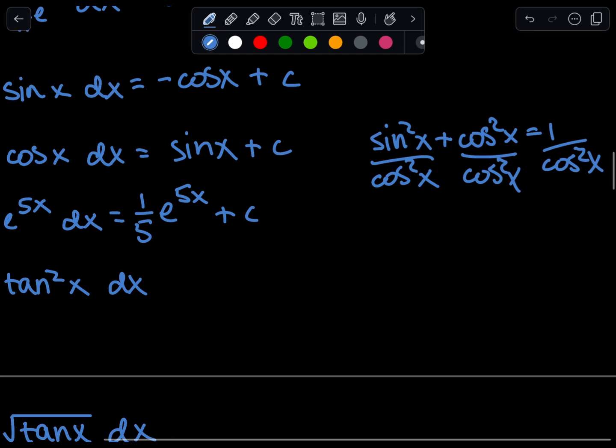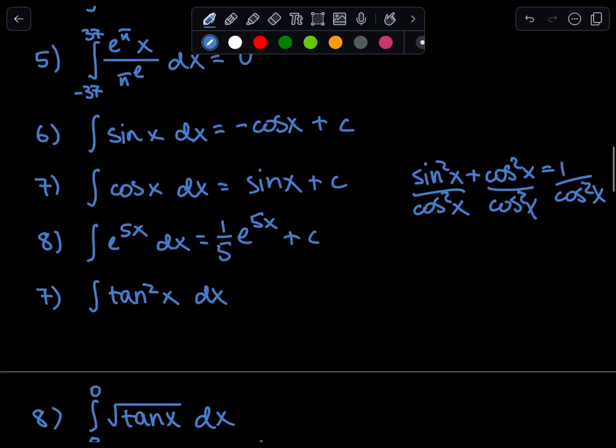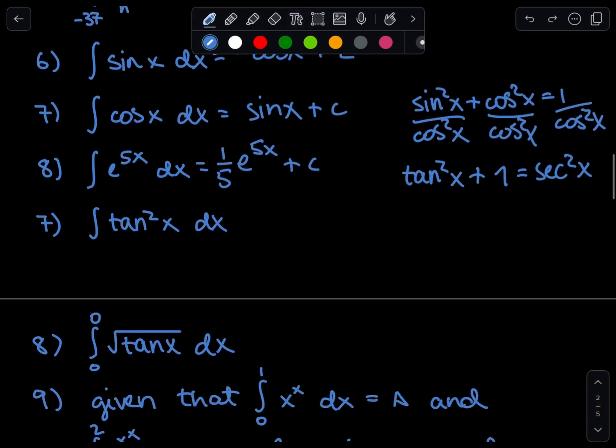And we get sine squared over cosine squared, which is tangent squared x, plus this is just 1, equals this is just secant squared of x. And there we go. This is the trigonometric identity. So if we want to solve for tangent squared of x, we just subtract 1. So tangent squared of x is secant squared of x minus 1.